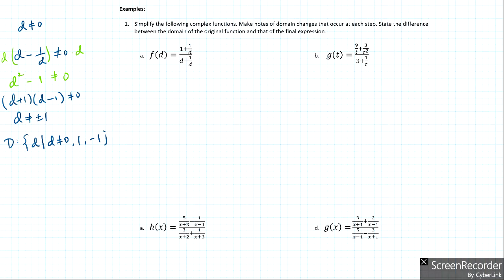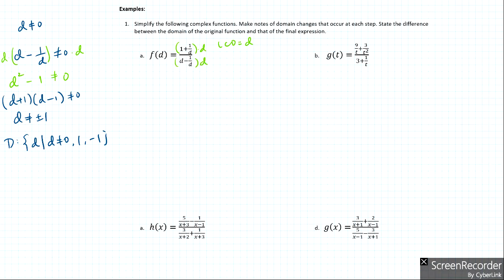To simplify complex fractions, we can always start using the least common denominator, no matter which method you choose. If we look at the least common denominator, because the numerators on top and bottom are both d, the least common denominator is just d. So I'm going to multiply everything by d.